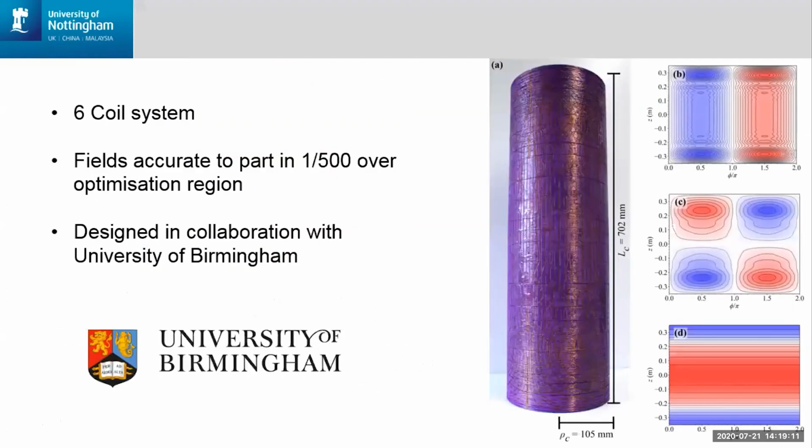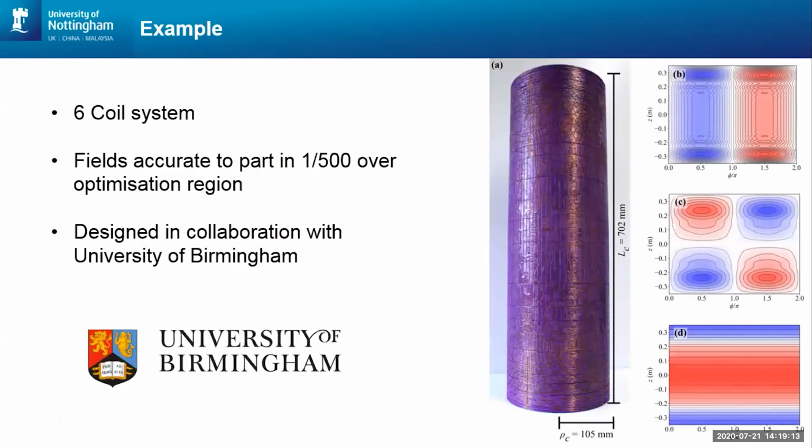So we physically made an example last year in collaboration with the University of Birmingham. We made a 6-coil system where we generated constant transverse fields, constant axial fields, transverse gradient fields, and axial gradient fields as a compensation system for the gravity sensing experiment that they're doing in Birmingham.